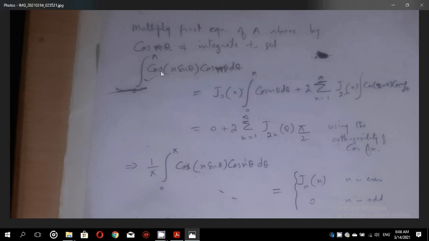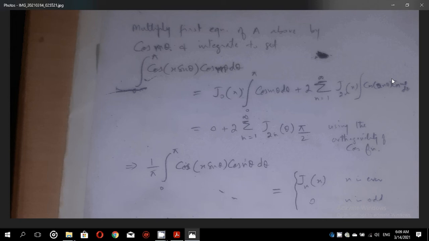So multiplying the first equation by cos m theta and integrating from 0 to pi, we get this thing, and similarly we multiply the right hand side with cos m theta and integrate, so we get this equation: J_0(x) integral from 0 to pi of cos m theta d theta plus 2 sigma J_2n(x) into cos m theta cos 2n theta, and integrate.